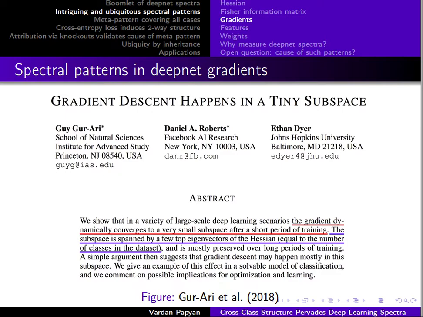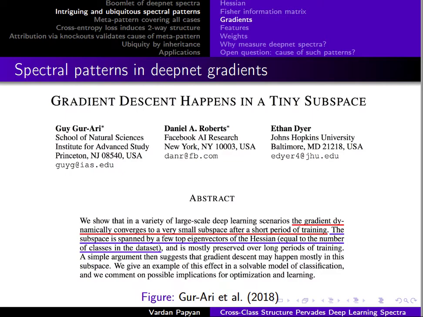And moreover, this small-dimensional subspace is essentially the same subspace spanned by the top eigenvectors of the Hessian. What does this mean? It means that if one were to make measurements of the spectrum of the gradients, you would see some low-dimensional structure hidden in that spectrum. So again, outliers plus bulk. And this also suggests that there seem to be some relations between gradients and Hessian.